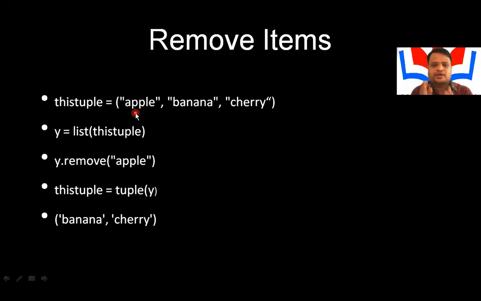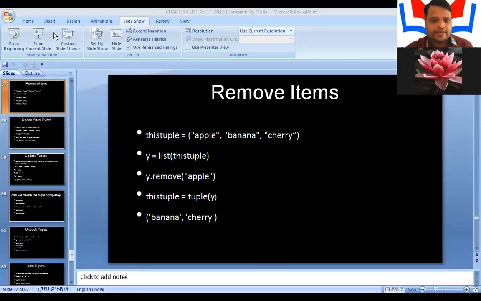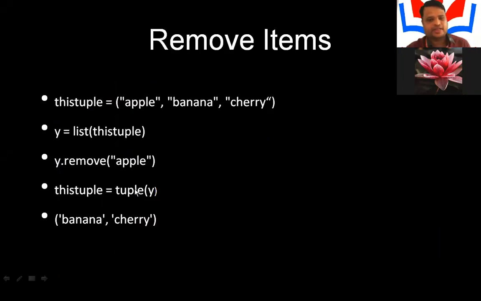Immutable means we cannot do modifications. Already you know that in tuples we cannot remove an element directly, because the tuple is regarded as immutable.